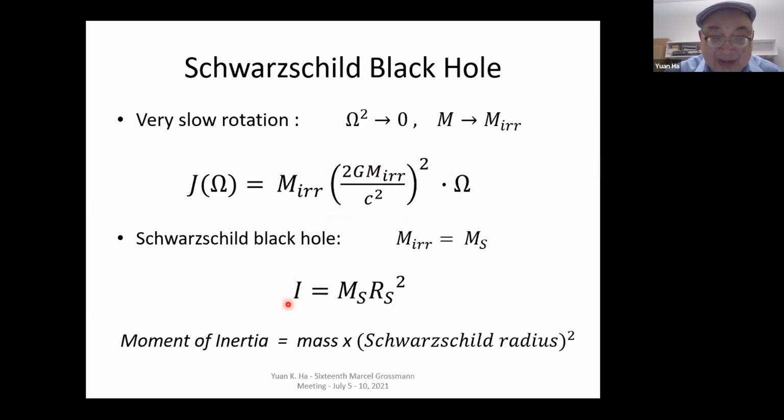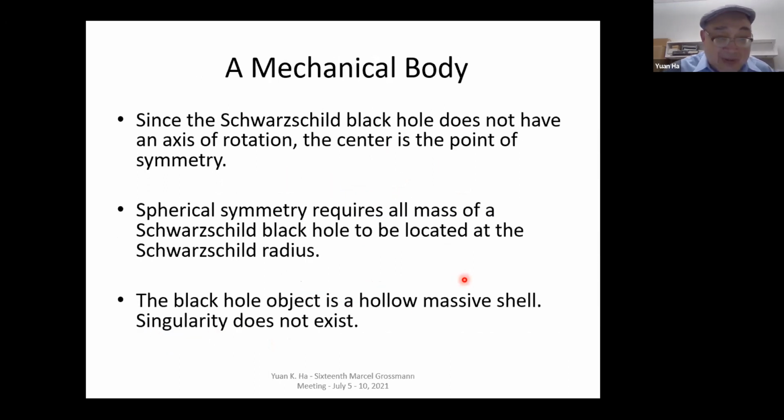So the formula is very simple: I is equal to m r squared. So what we find here is that every black hole has a moment of inertia, including those that do not rotate.